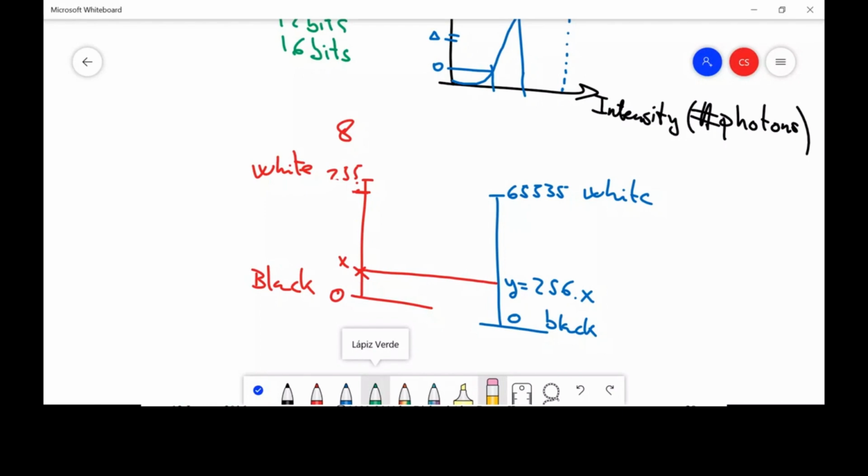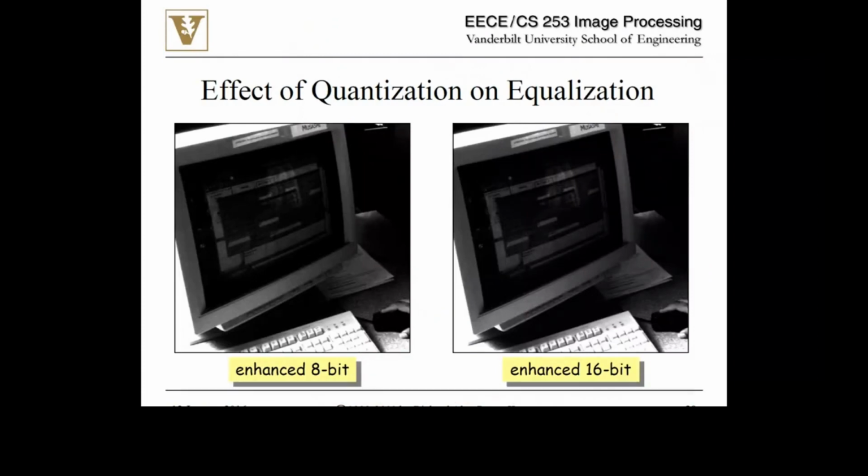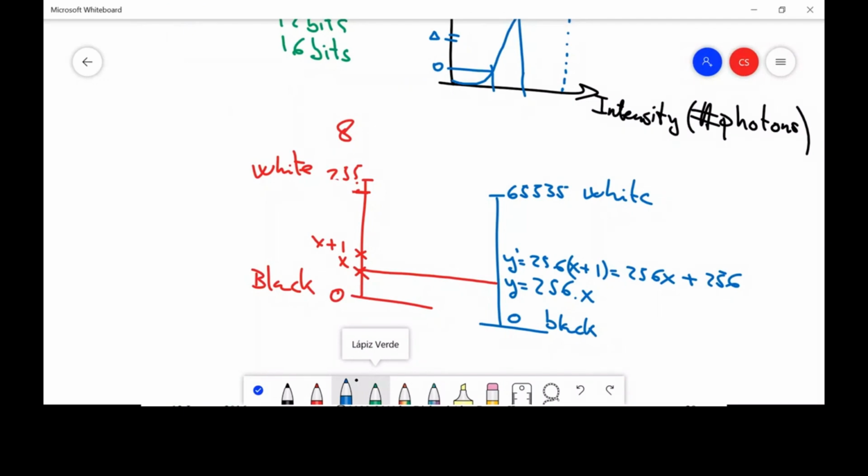What is the corresponding of X plus 1? The corresponding to X plus 1 is Y prime, that is 256 times (X plus 1). This is 256X, that was the previous color, plus 256. So between those two colors, there are 256 colors in between.